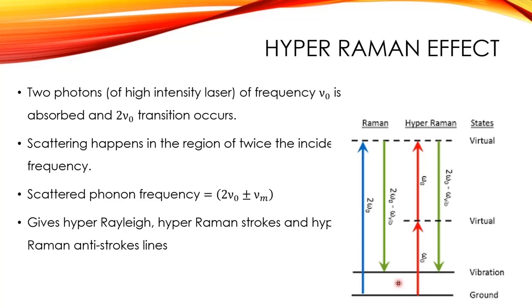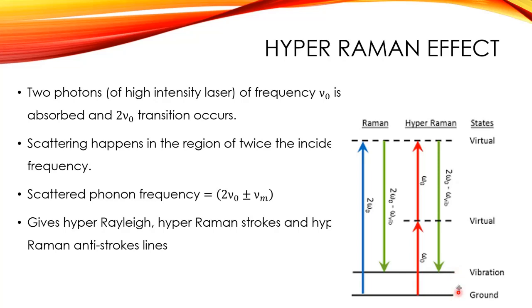In case of hyper Raman effect, two photons of similar radiation omega 0 are absorbed to go to a virtual level of 2 omega 0, and it decays as one photon to a vibrational state, emitting a frequency 2 omega 0 plus or minus omega m.